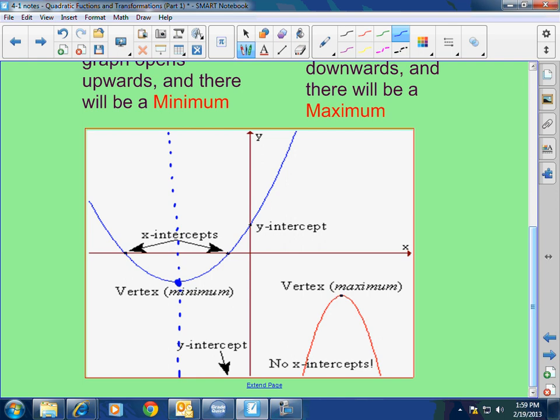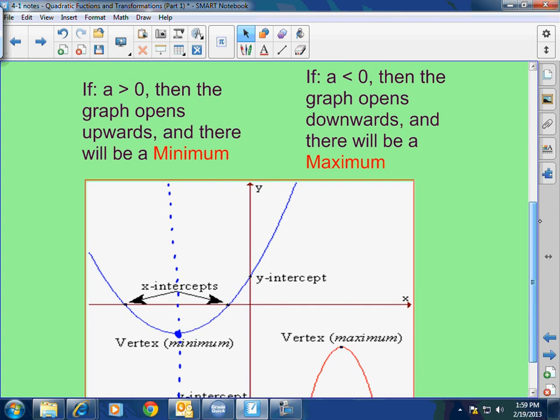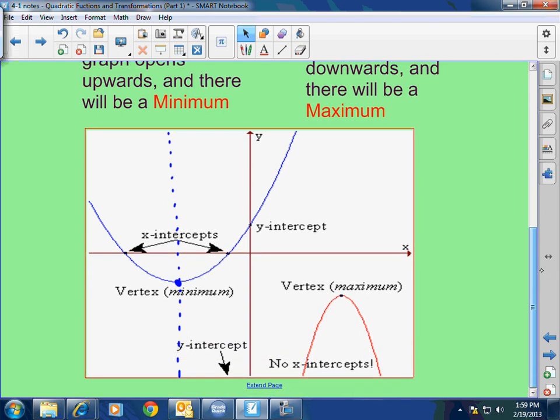You're going to see why I love the axis of symmetry in a little bit. Please notice also, my friends, that if a is less than 0, it's a negative value, then the graph opens downwards, and there will be a maximum. Check out the red graph. That's a maximum. And again, there is an axis of symmetry going down there.